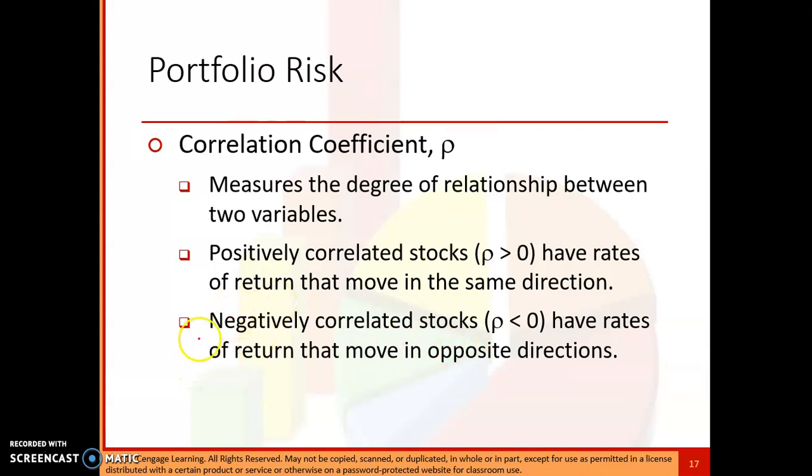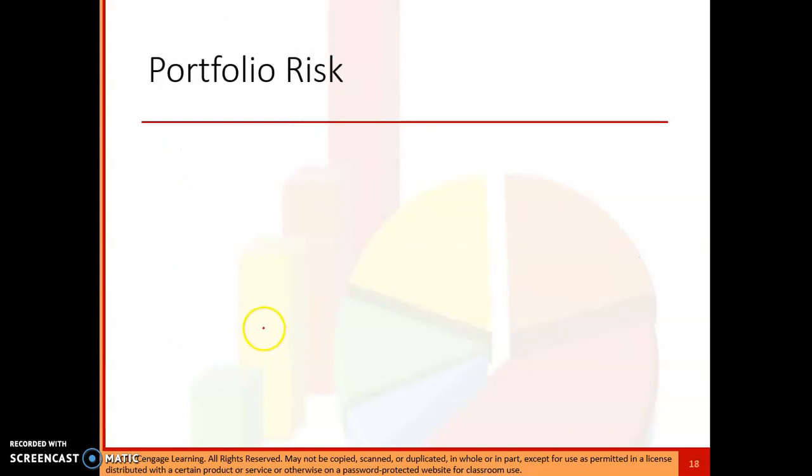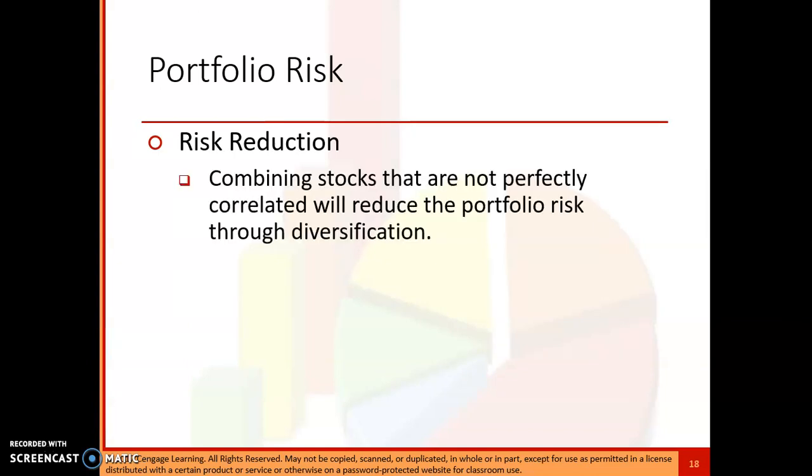This can also be achieved with lower positive correlations, but ideally negative is going to reduce our volatility the most. So risk reduction. We're going to combine stocks that are not perfectly correlated. This is going to reduce the risk of our portfolio.